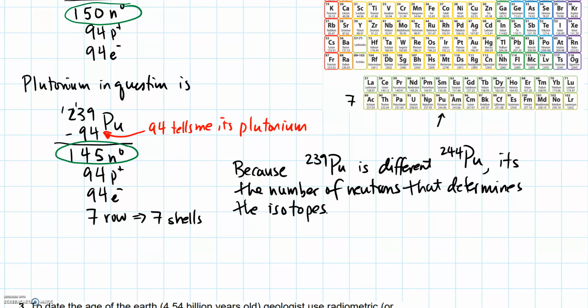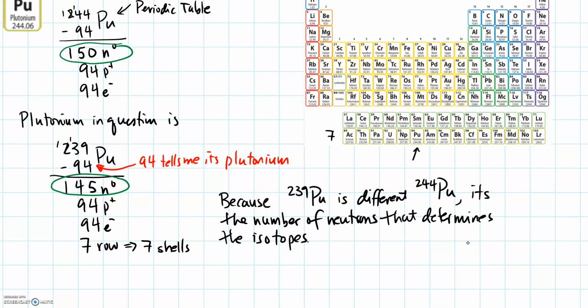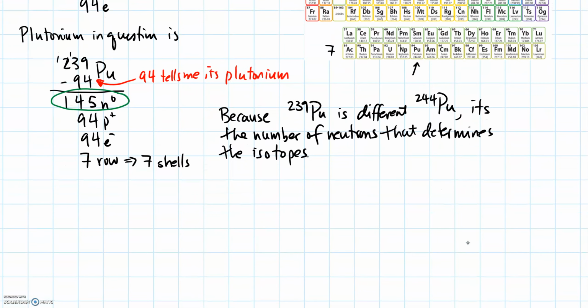But there's a problem here. The problem is that because plutonium is so far towards the bottom of the table, it is impossible to tell whether this is the most common isotope or not.